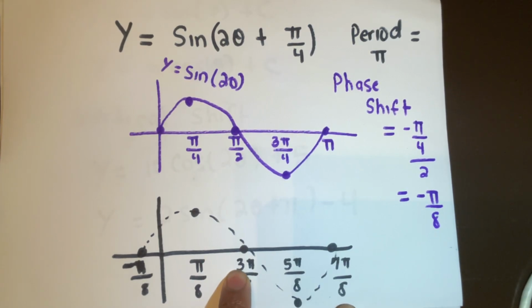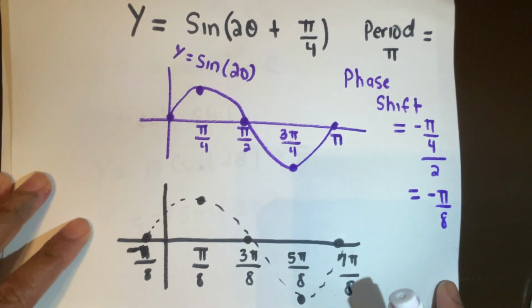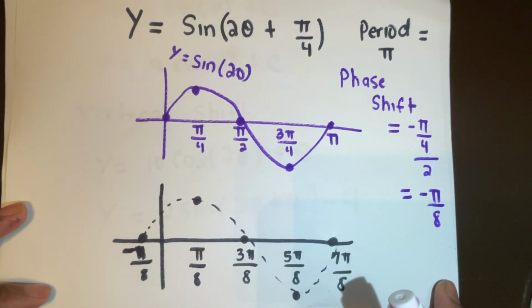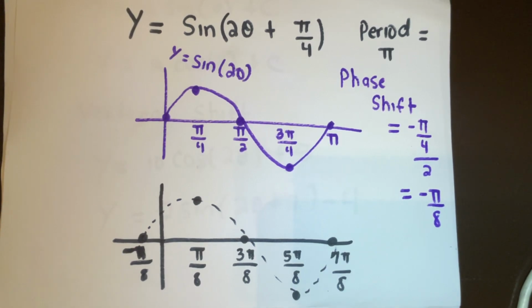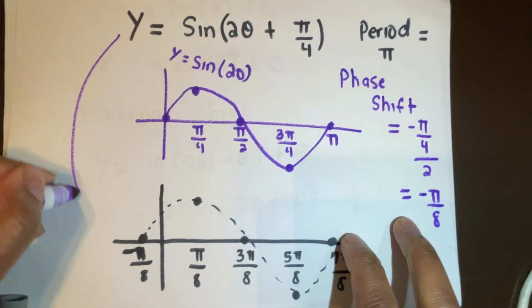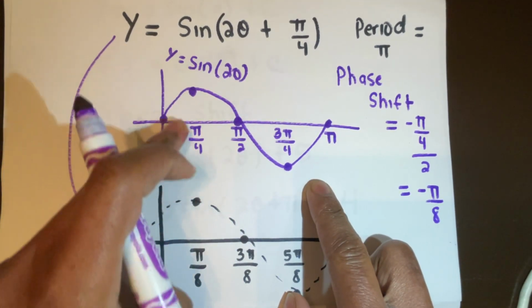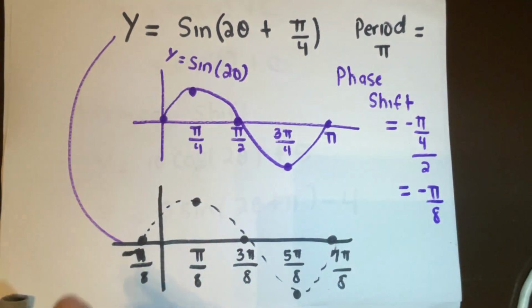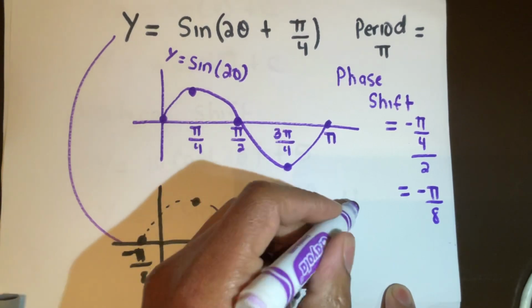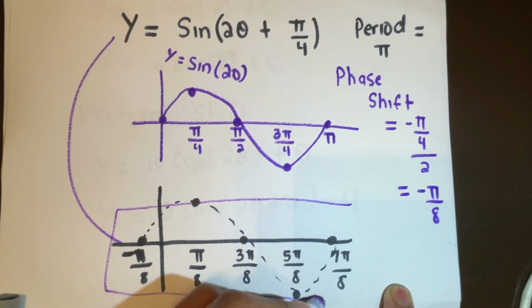So that's why I go from 3 pi to 5 pi to 7 pi over 8. So this is what that graph actually looks like. I just used the graph of sine of 2 theta and shifted it to the left pi over 8 units to actually get this graph. This is the actual graph here.